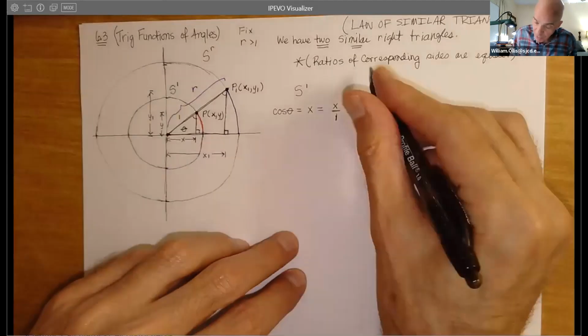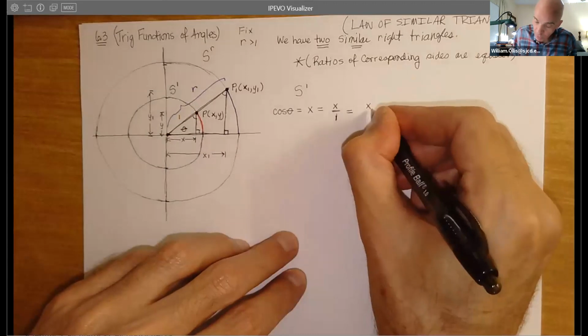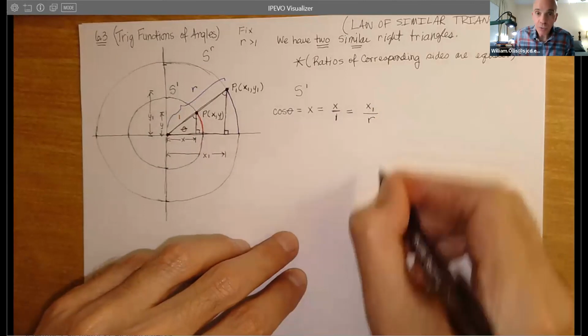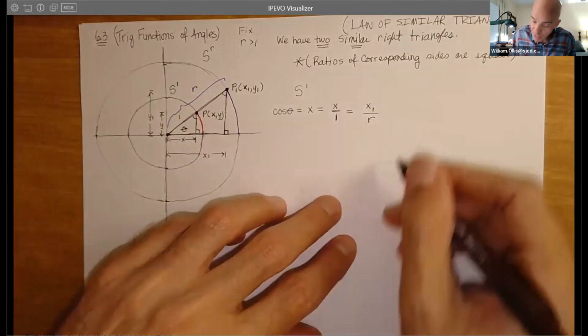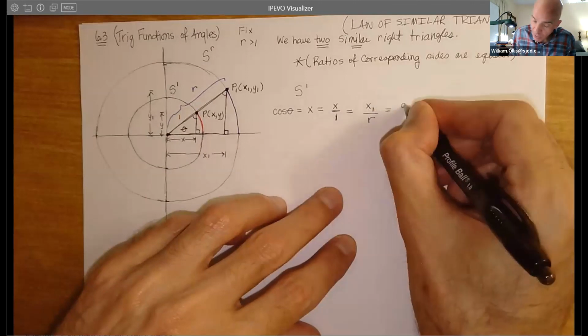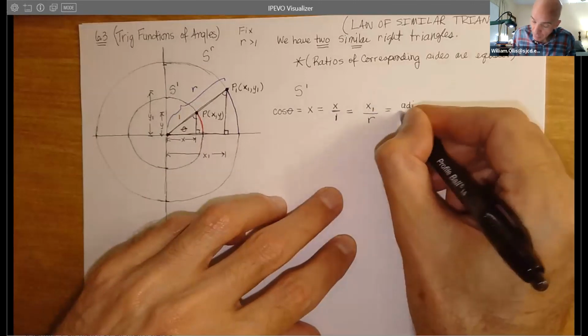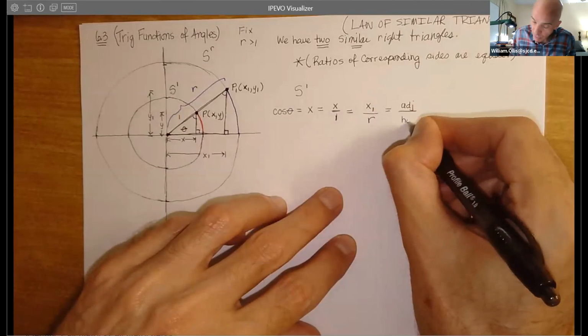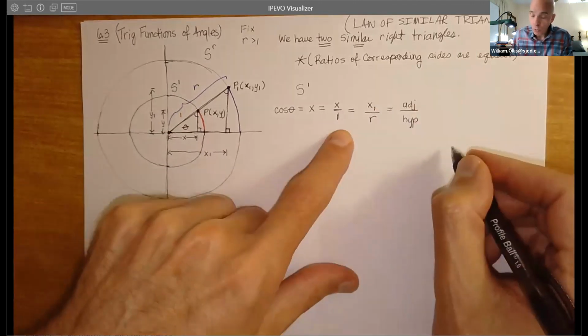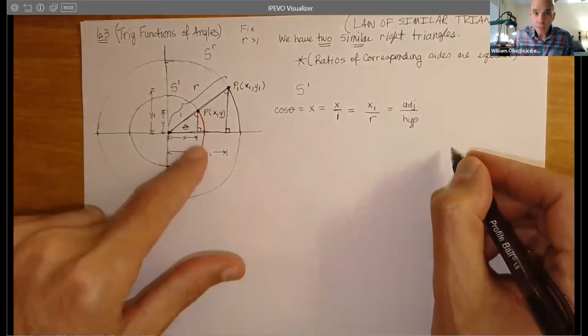So this will be x1 over r. Those are equal by the law of similar triangles. So basically what we see here is that in both cases, we get adjacent over hypotenuse, regardless of the circle, regardless of the triangle.